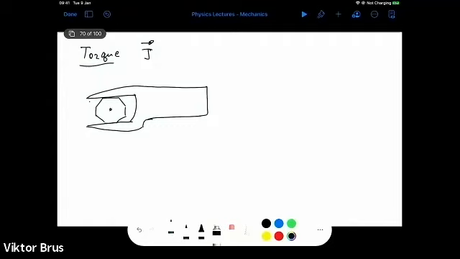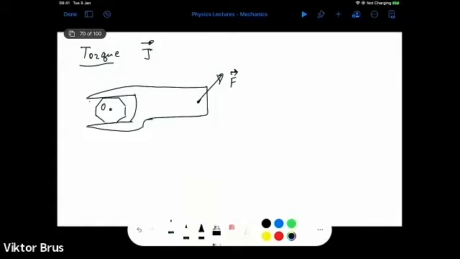Okay, so we have some axis of rotation, axis O, which goes through the center of this bolt, perpendicular to the image plane. And let us assume that somewhere here we exert a force F vector.